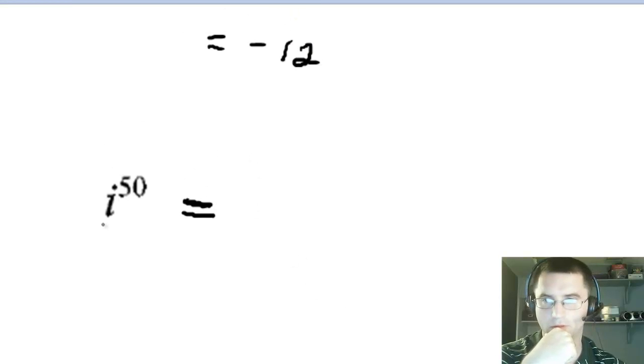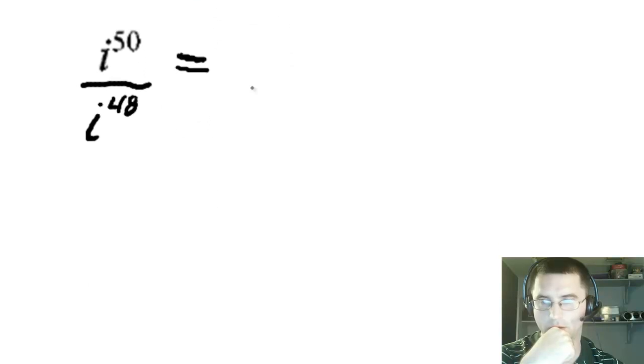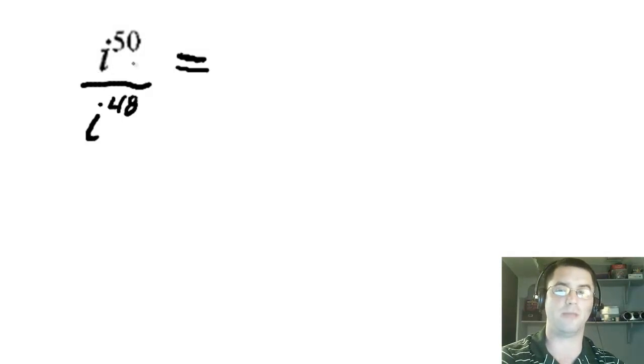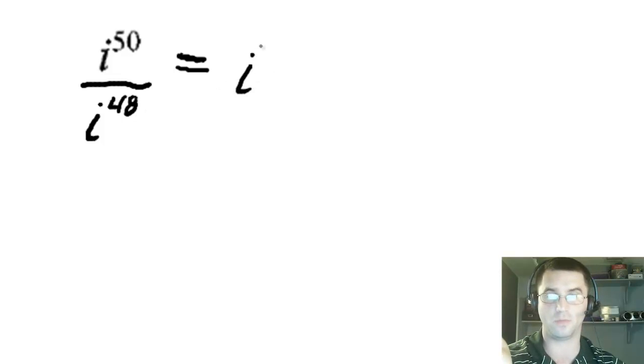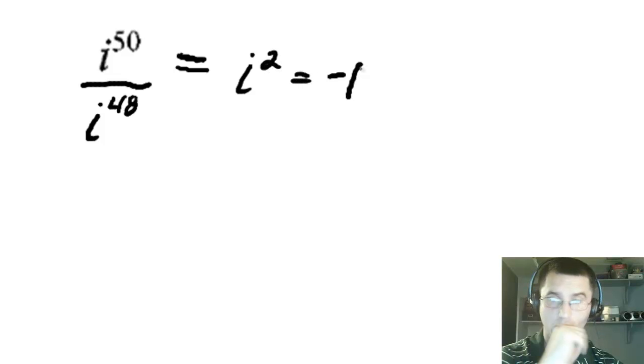So I could just divide this whole thing by I to the 48th, which I know is 1, so I'm not changing the value. The division rules say for exponents, if the bases match and we're dividing, we can subtract the exponents. So I'd be left with I to the 50 minus 48, which is 2, which is negative 1. And what am I doing there? I'm dividing by 1 to simplify.